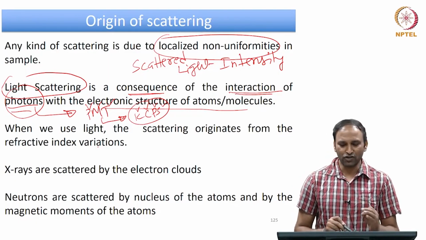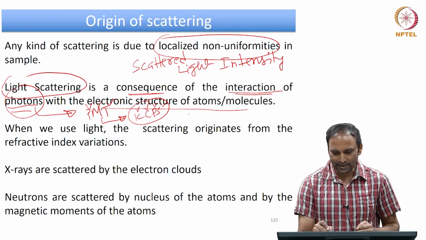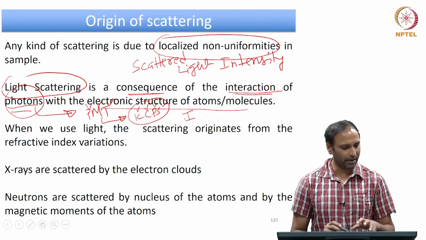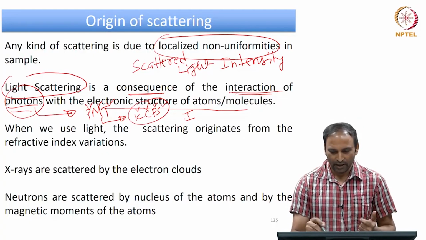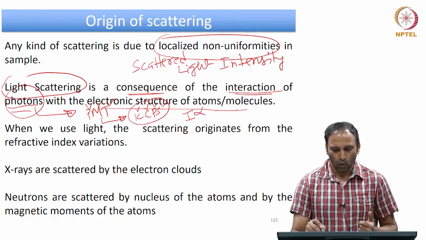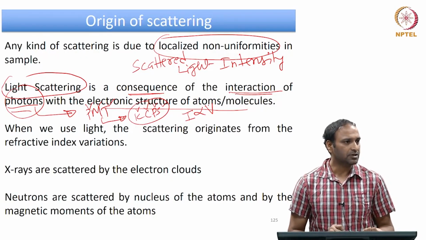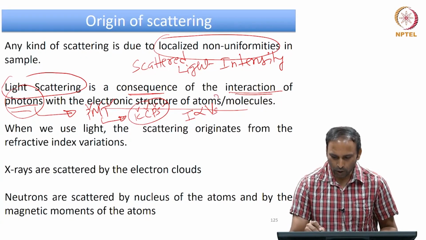In general, one thing that you should know is that any scattered intensity, I, that is detected by any device that one is using, is proportional to the volume of the particle that you have in the dispersion to the power 2.